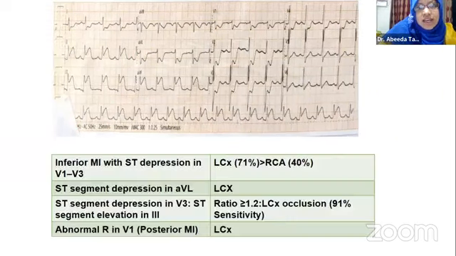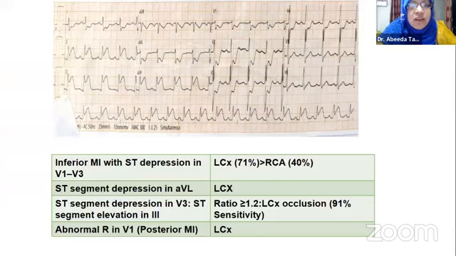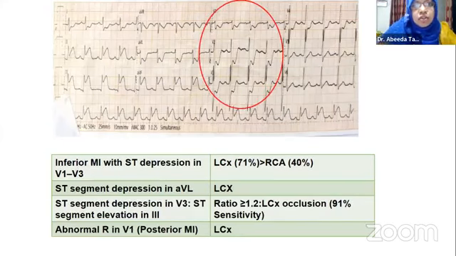So in this case, I tried to find other criteria for possible LCX involvement. If there is inferior MI with ST depression in V1 to V3, there is a high chance that LCX is involved rather than the right coronary artery.